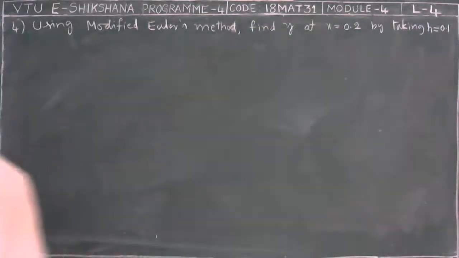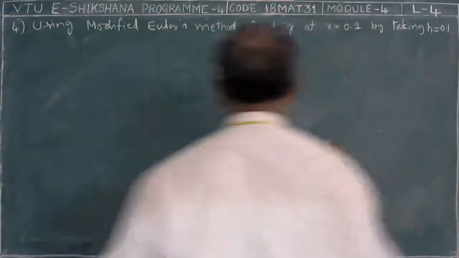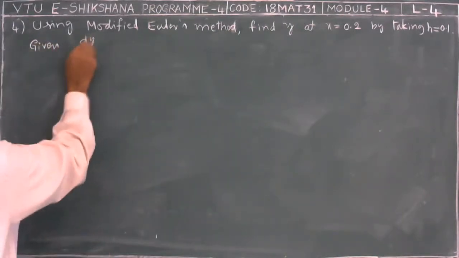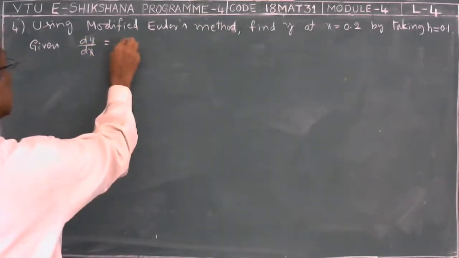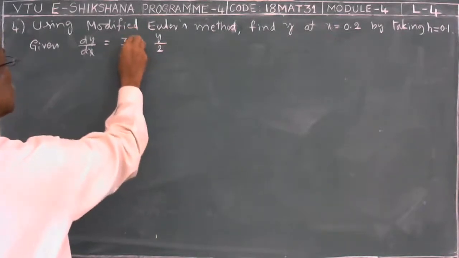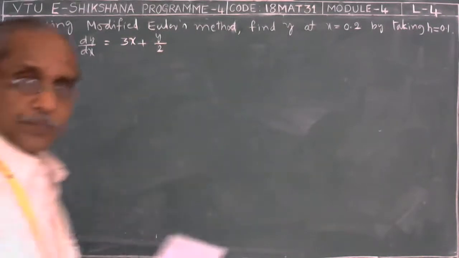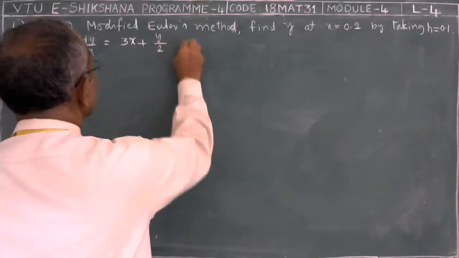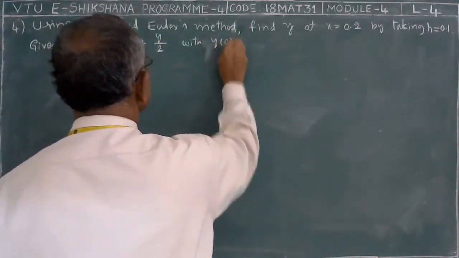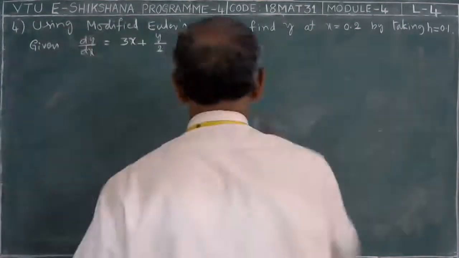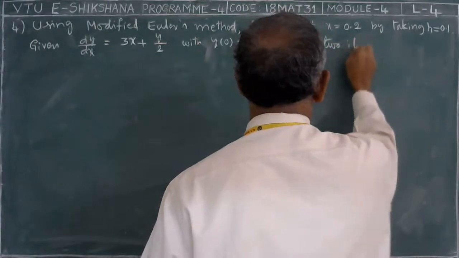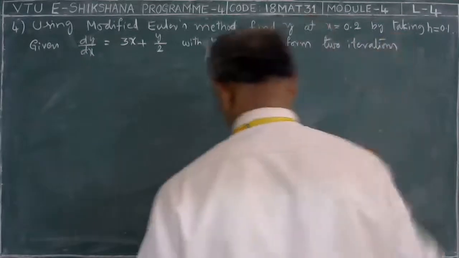Given dy by dx is equal to 3x plus y by 2, with y at x is equal to 0, y of 0 is equal to 1. Perform 2 iterations at each stage.